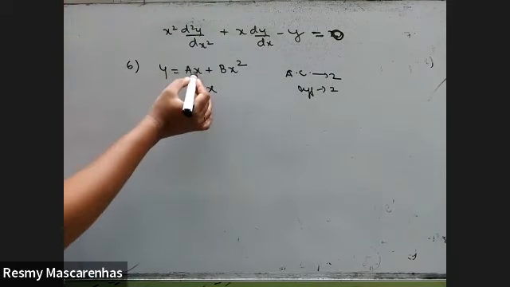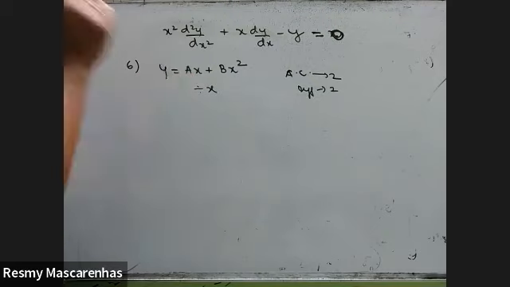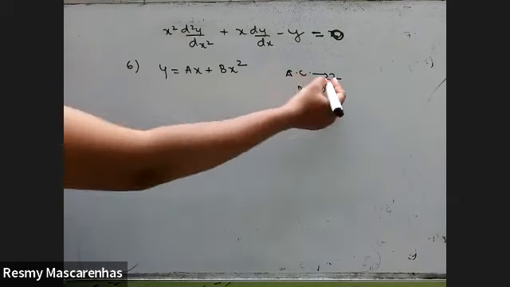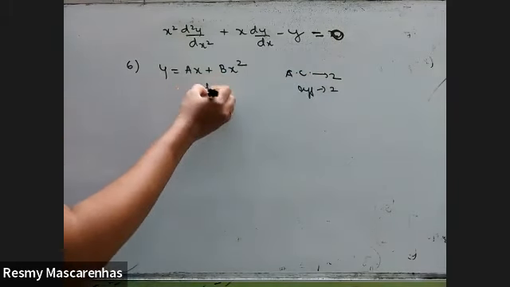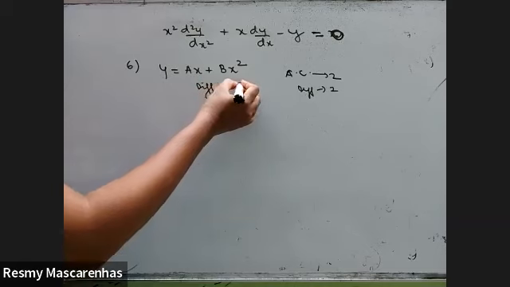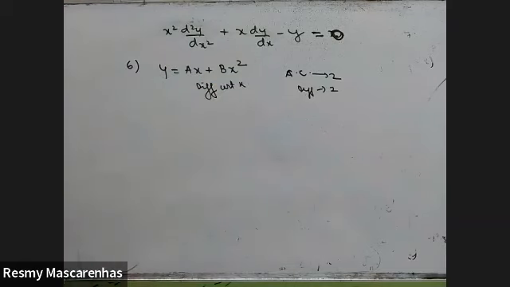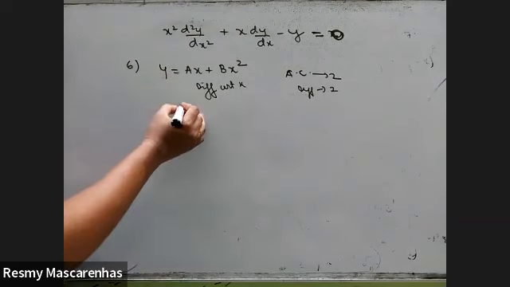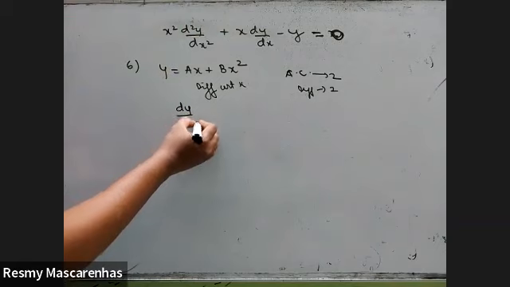Then you differentiate, a will become 0, this you have to apply u upon v rule. That's one option. Or directly also you can differentiate. Only thing you have to substitute the values. Whichever you all find easy, you'll use.